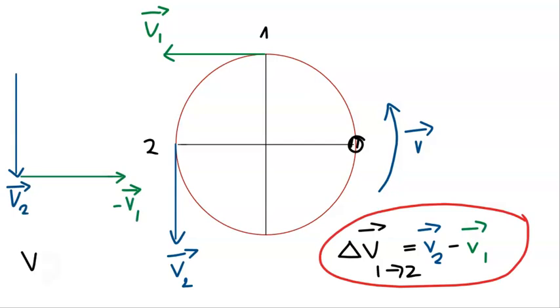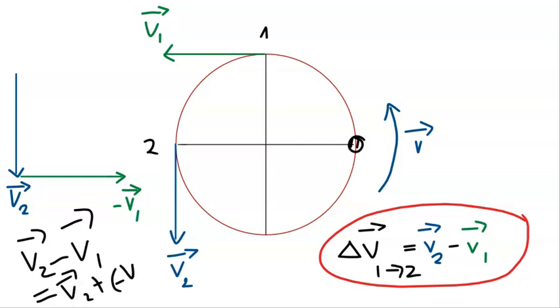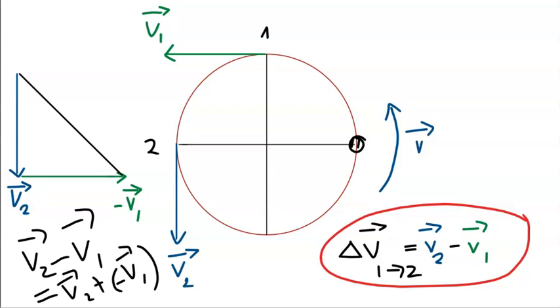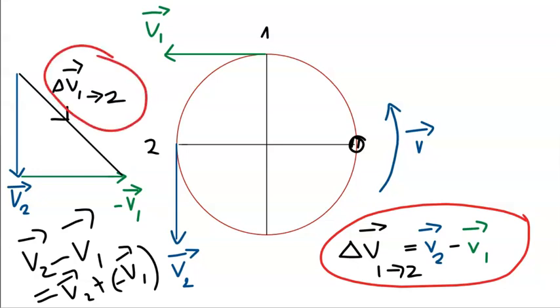Since v2 minus v1 can be looked at as v2 plus minus v1, delta v is given by that black arrow. So the change in velocity of the object as it moves from 1 to 2 is given by that.